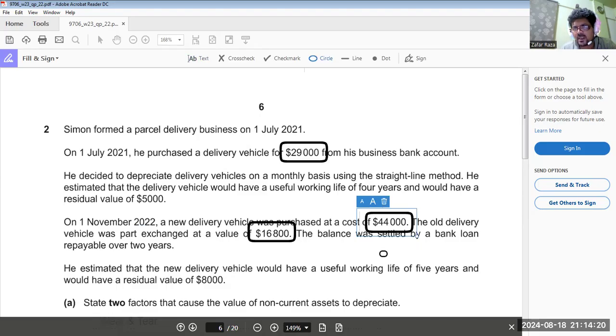It is 16,800 settled as trade-in allowance on exchange, and the remaining is bank loan. So we cannot debit 44,000 directly.